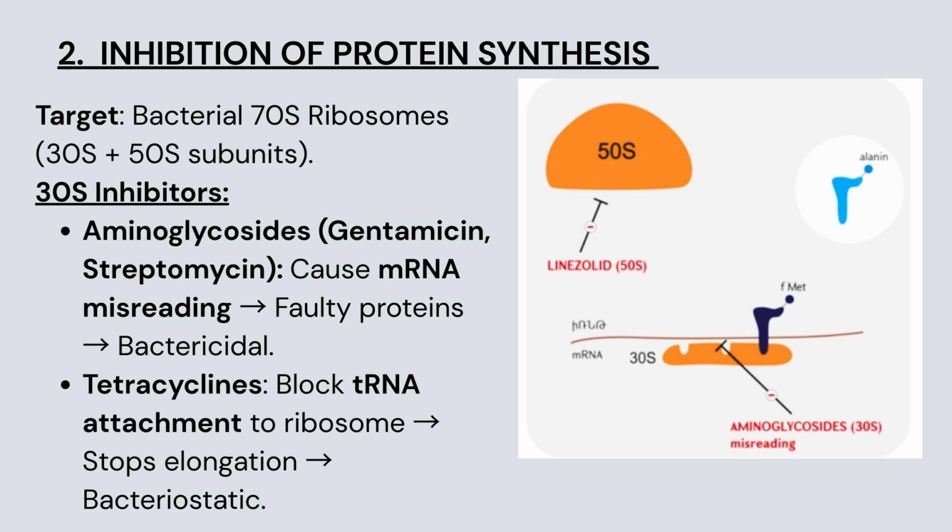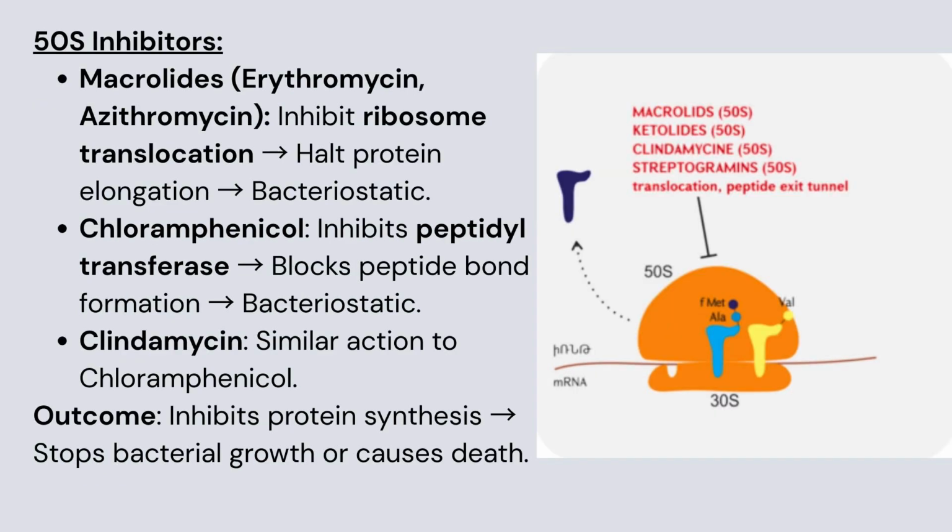Tetracyclines also target the 30S subunit, but their mechanism is different. They block the attachment of aminoacyl tRNA to the bacterial ribosome, thus preventing the addition of new amino acids to the growing peptide chain. This halts protein synthesis and it has a bacteriostatic effect.